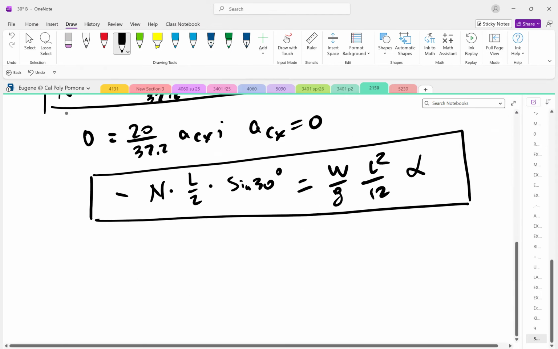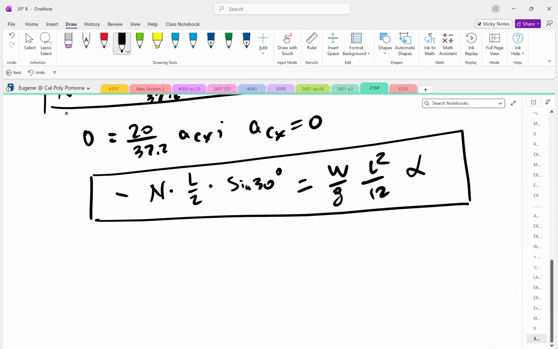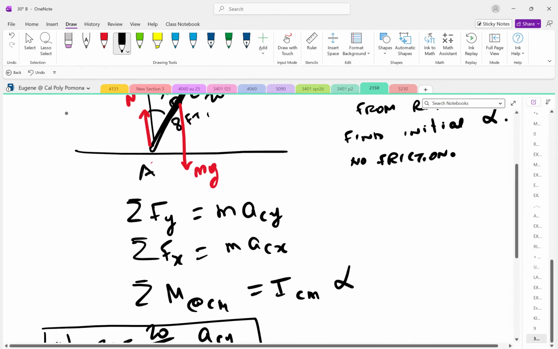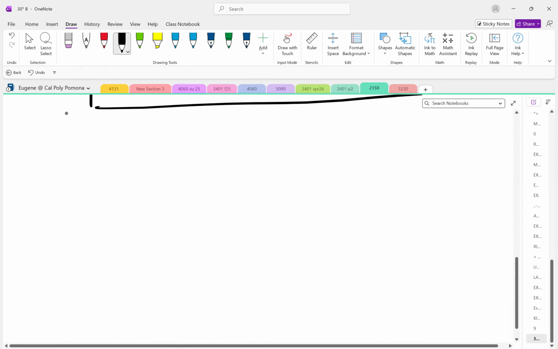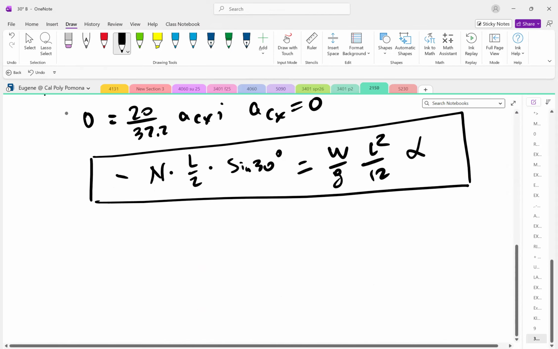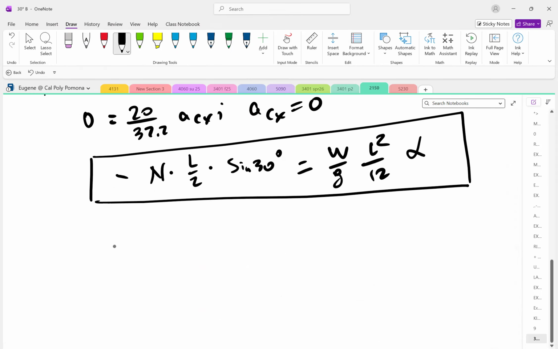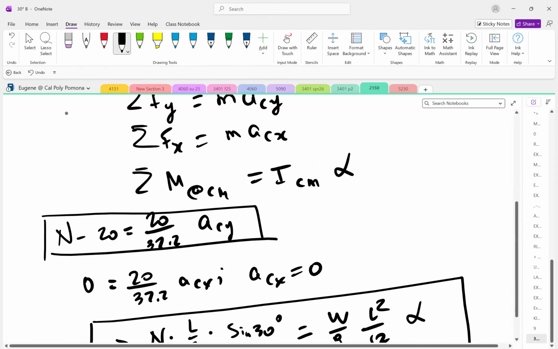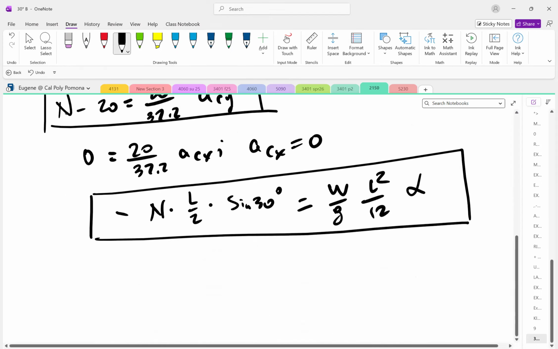What we know is that the vertical acceleration of the point of contact is 0. So write down that the acceleration of center of mass, which is this point: we know that a_Cx is 0, a_Cy is something.